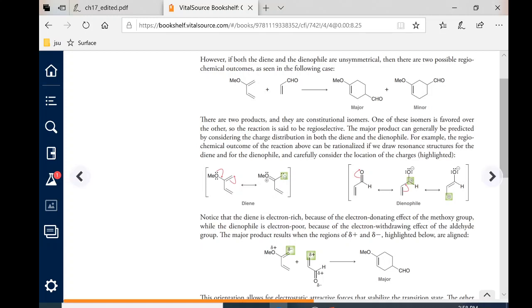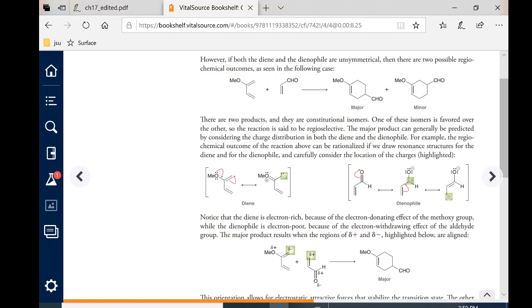So here our diene has a methoxy group on it, a substituent, and our dienophile also has a substituent, and so we see that we can get two different products. These can be added opposite to each other in a 1,4 fashion, or they can be added closer to each other in a 1,3 fashion.